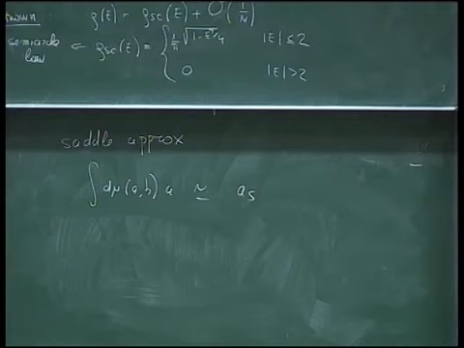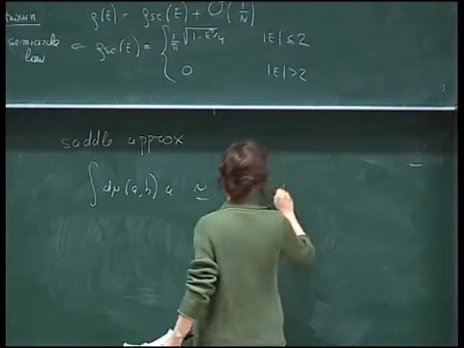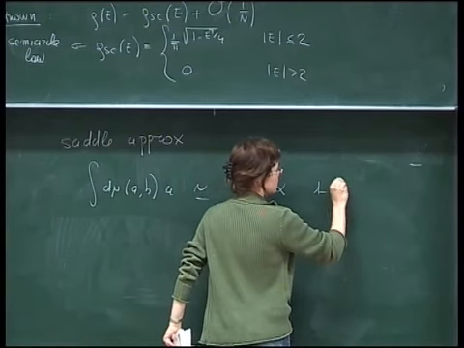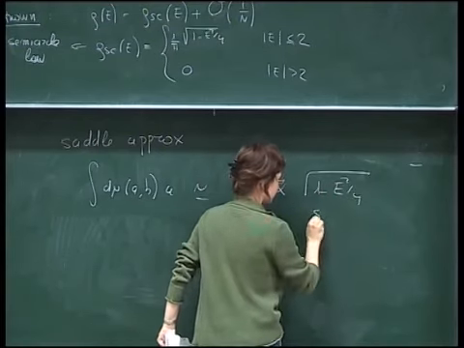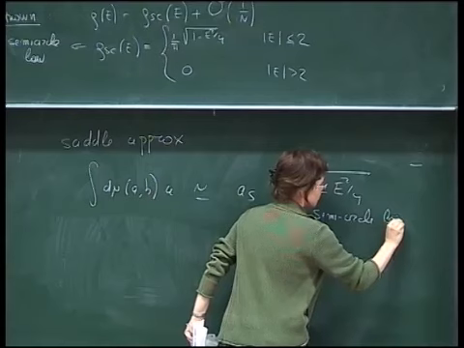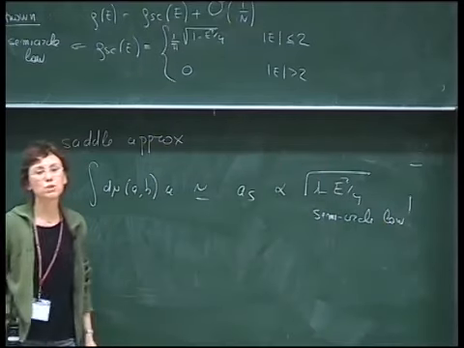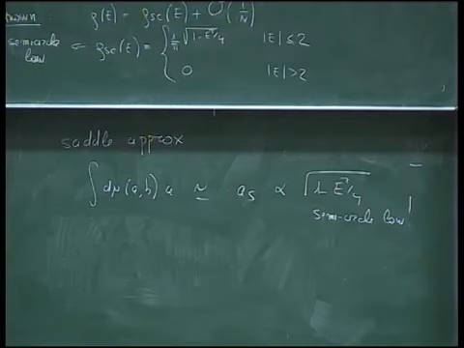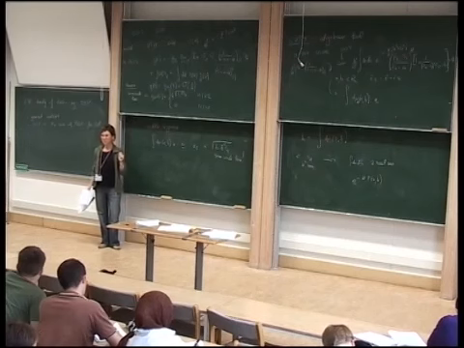So we get immediately that this is proportional to it. Of course, we have to check the constants, but it works. You can see immediately, just by saddle approximation, that you get directly the correct result.